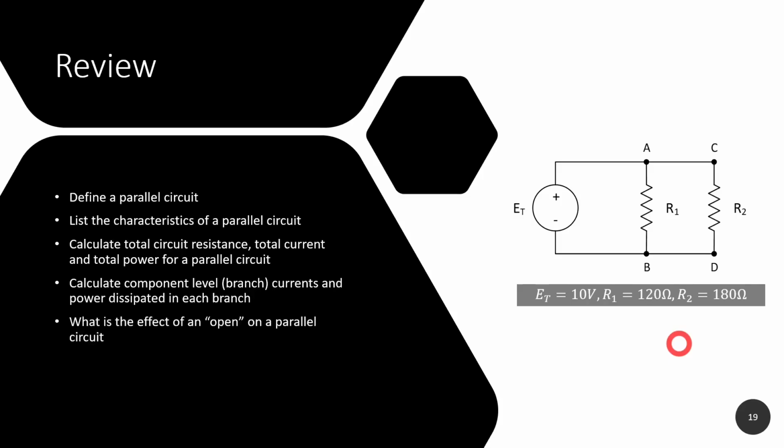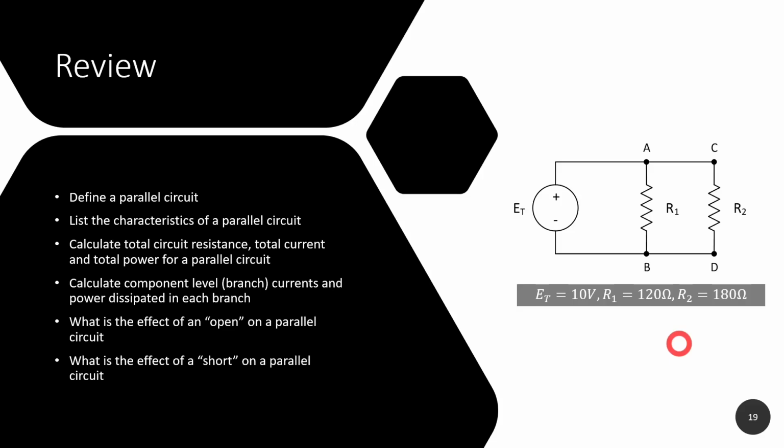The effect of an open on a parallel circuit is that branch is not conducting current anymore, so we're going to decrease in power output and decrease in current output, but the other branches will still have current flow.